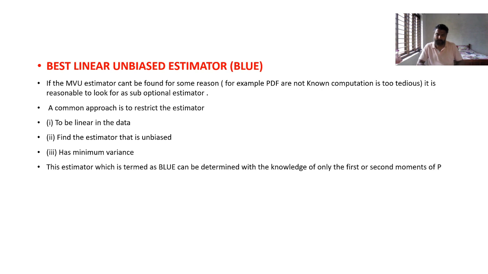So if you know the first as well as the second moment of the PDF, then we are able to calculate the BLUE. That means the complete knowledge of the PDF is not required.